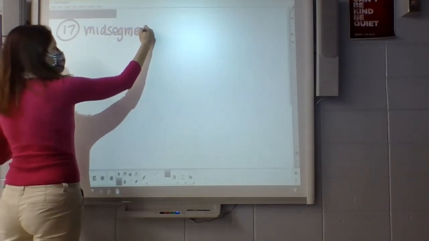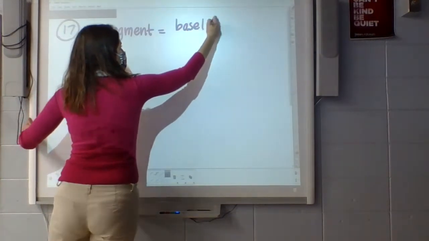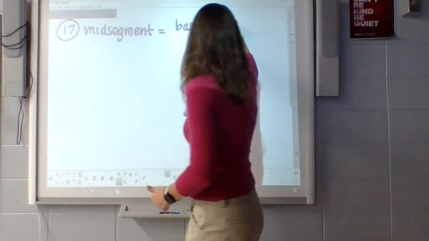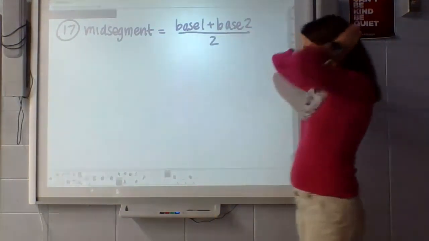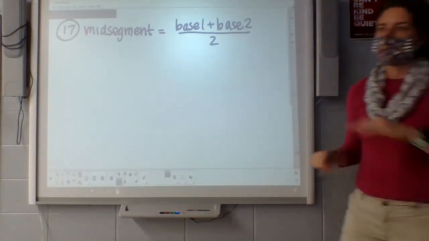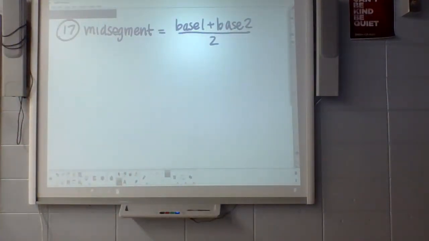So it's the mid-segment of a trapezoid. Remember, it takes a trapezoid and slices it in half. It's basically the average of the two bases. So you needed that formula for number 17, which might have been why 17 was tough.